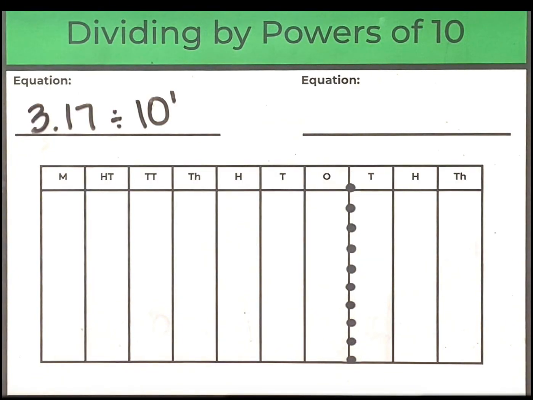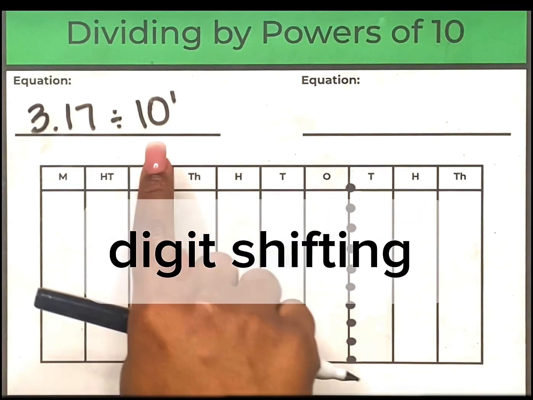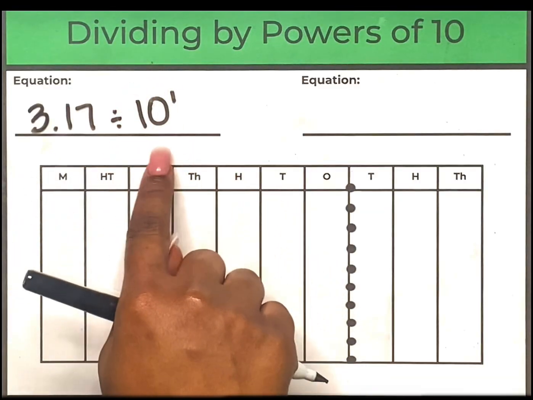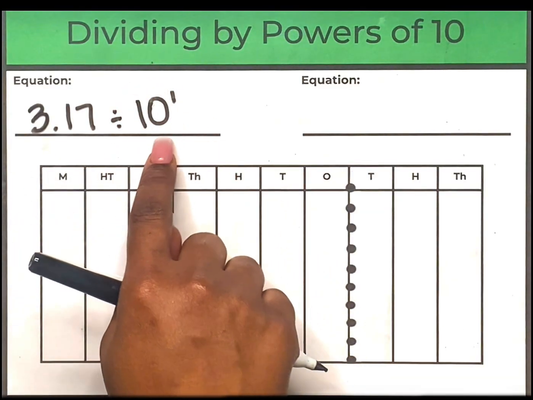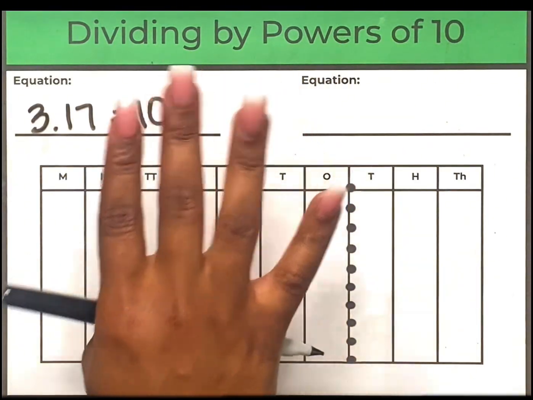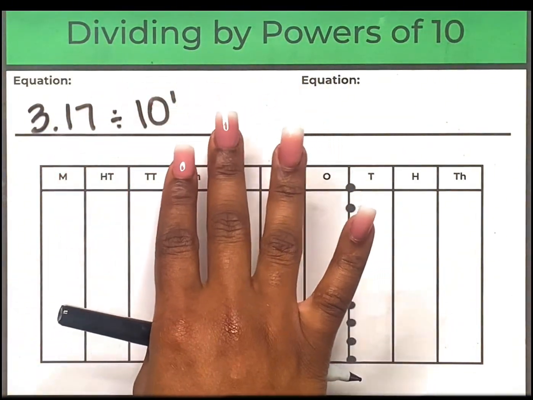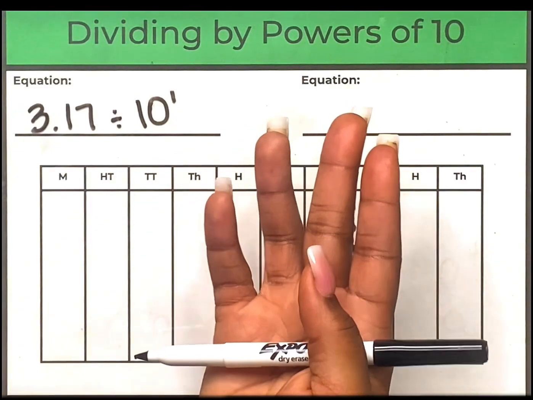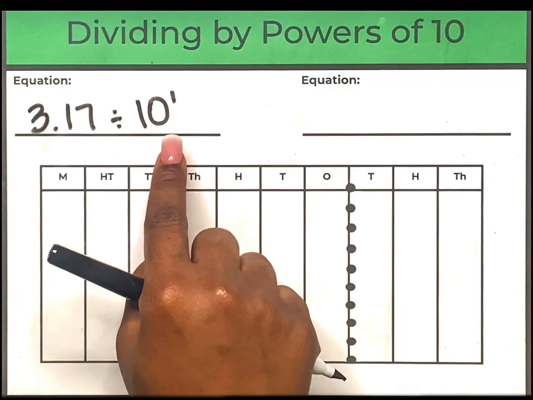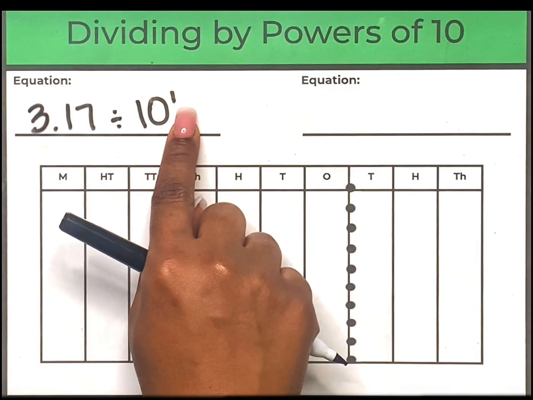So what we already know about powers of 10 is that we're going to be digit shifting by our power or our value. Sometimes it's going to be in exponential form. Sometimes it's going to be in standard form. Either way, we have to understand what it means. So looking at 10 to the first power, I know that I have a 1 here.